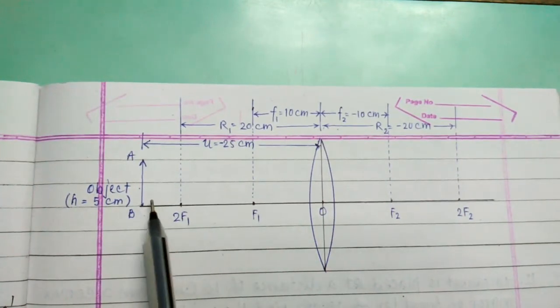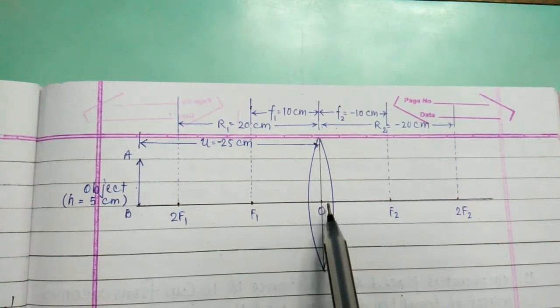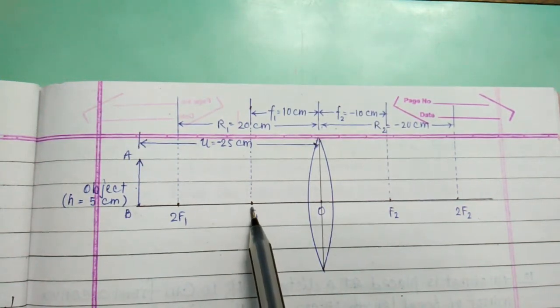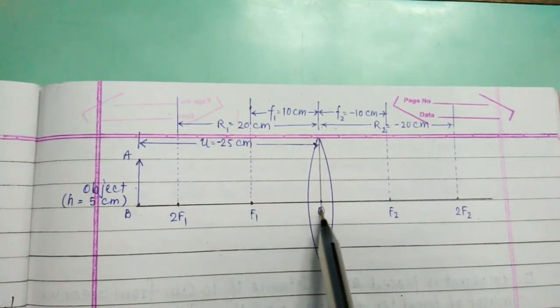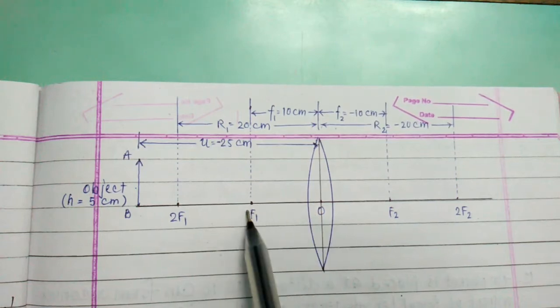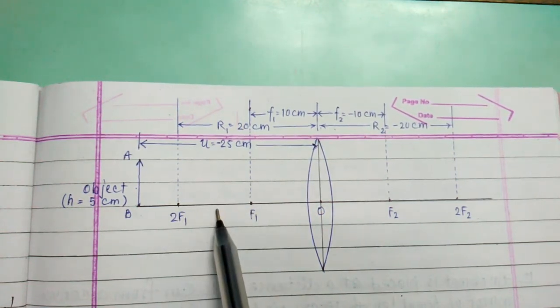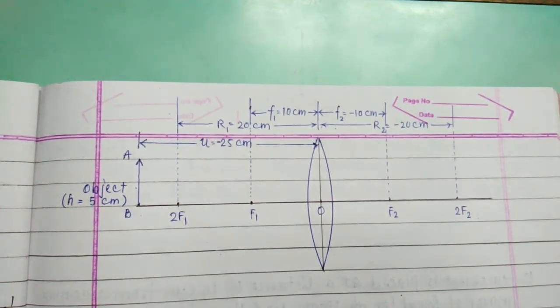Now this is the object at 25 centimeter. OF1 is 10 centimeter. F1 to 2F1 is also 10 centimeter. So halfway, it is 25.